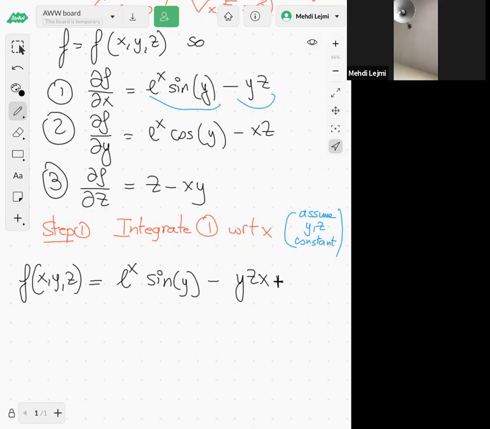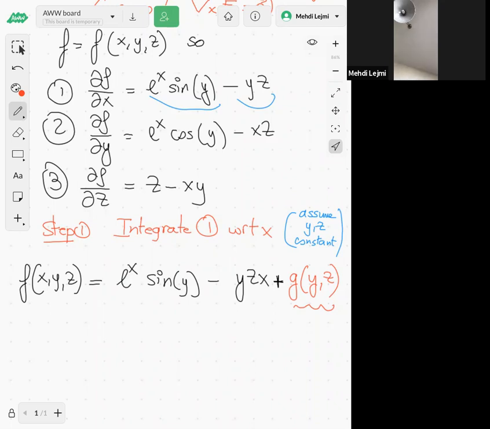So here it's going to be some function g of y and z. What will be the derivative of this function with respect to x? It's just a function of y and z, and both are constant, so the derivative would be 0. So it doesn't change the derivative of f with respect to x.